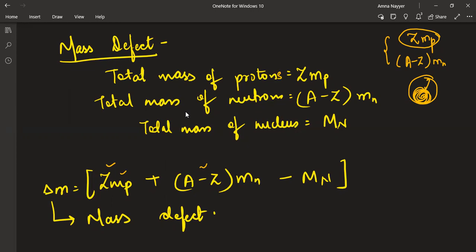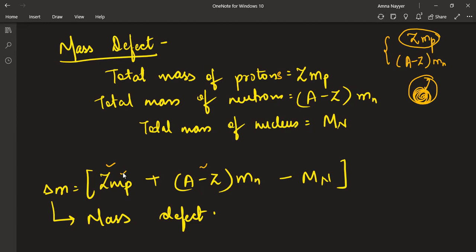Similarly, total mass of neutrons is (A minus Z) into Mn. The sum of Z Mp and (A minus Z) Mn minus the mass of the nucleus gives the mass defect.